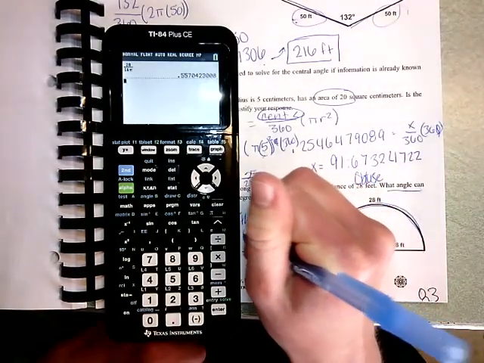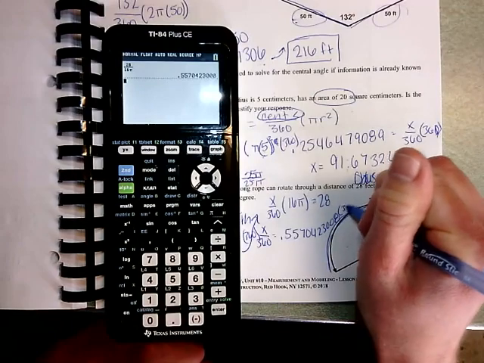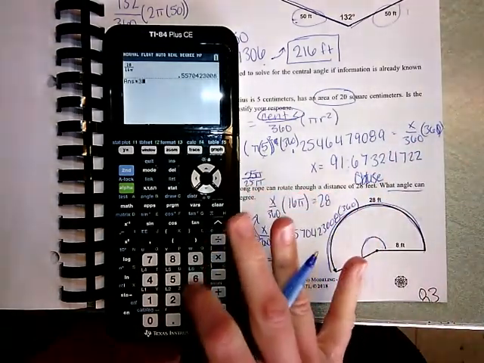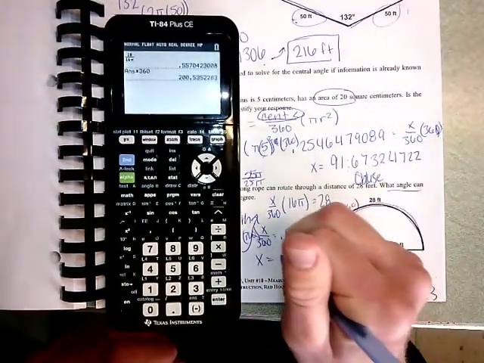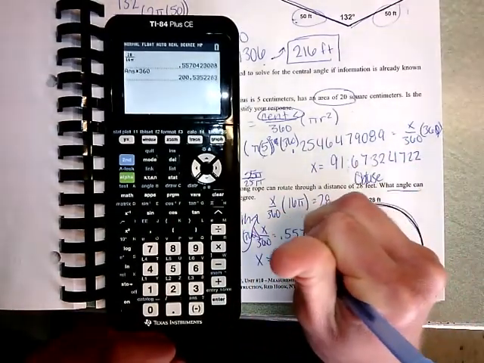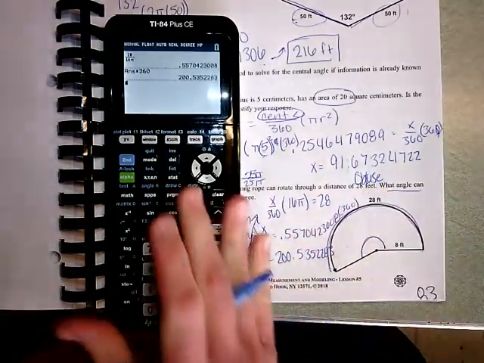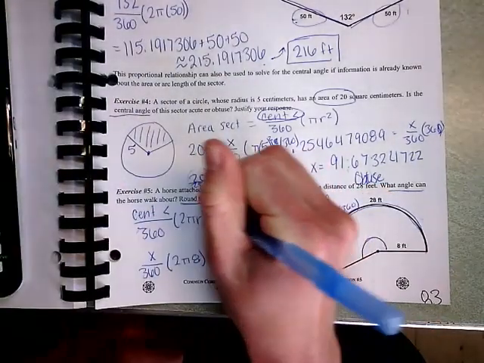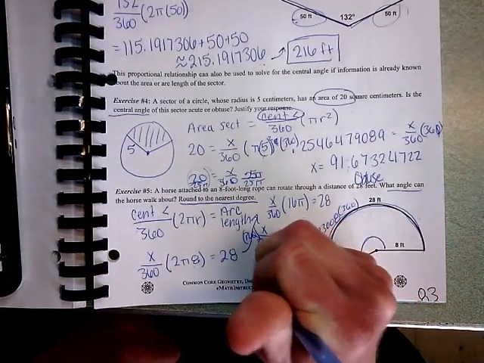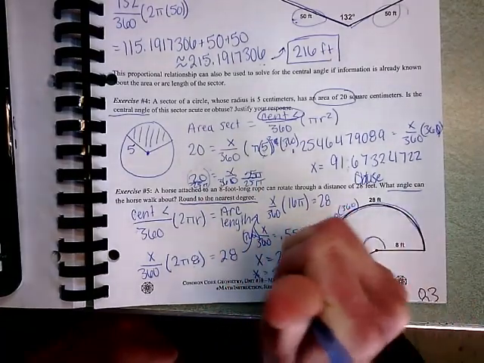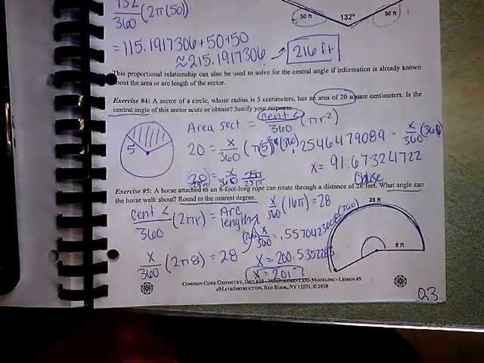Now multiply both sides by 360. So our angle is 200.5352283. So round to the nearest degree. So our central angle, or x, or the angle the horse can walk about, is 201 degrees.